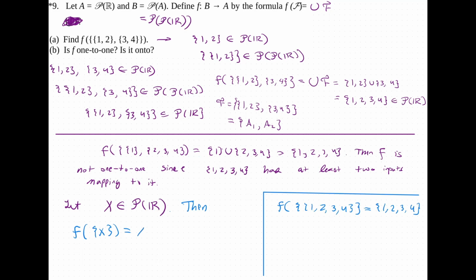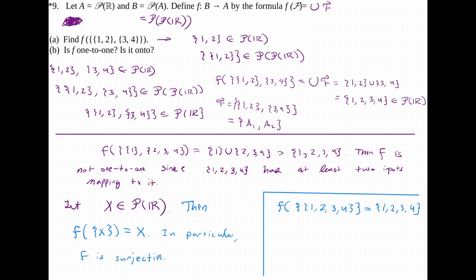And so this is just going to be exactly equal to X. And now, since X was chosen arbitrarily in the power set of the real numbers, we do have that this is surjective. So in particular, f is surjective. And we're done.